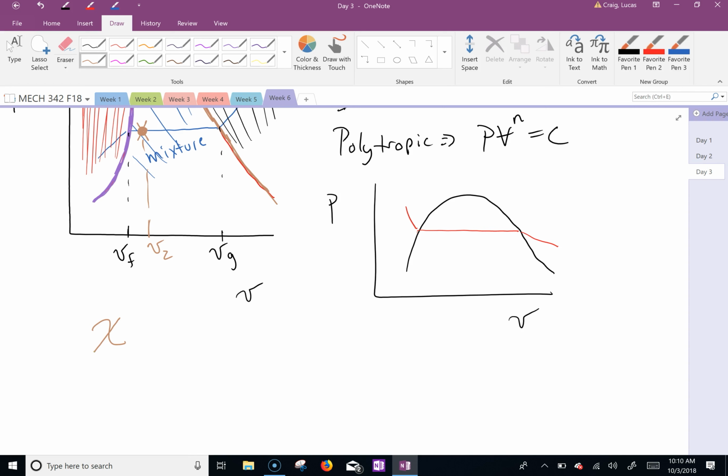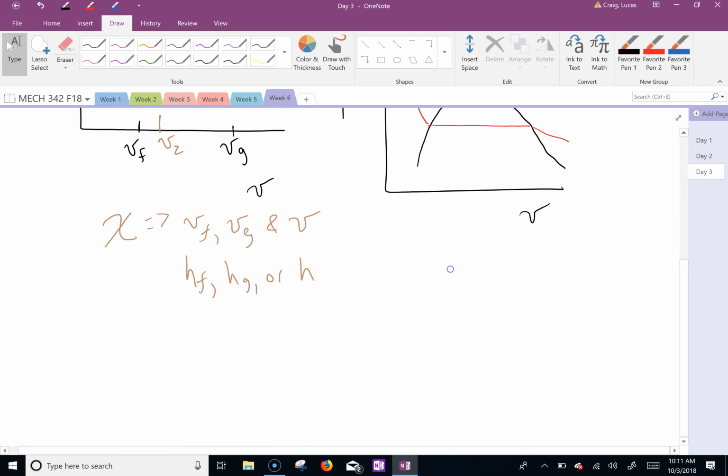Well, there's an equation in your book that shows you how to find it. You would need VF, VG, and you would have to know either specific volume, those 3, or you can do HF, HG, or H, right? You have to know those 3. Actually, I can give you the equation. Use your cheat sheet. Remember the cheat sheet. Everyone kind of forgets about that.